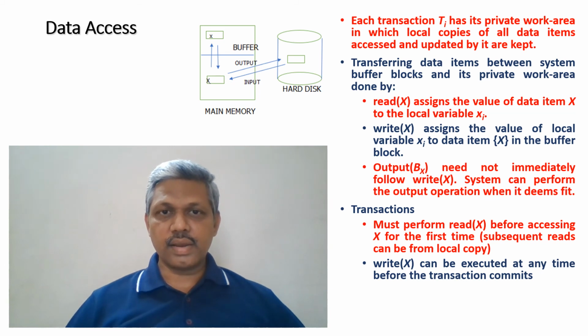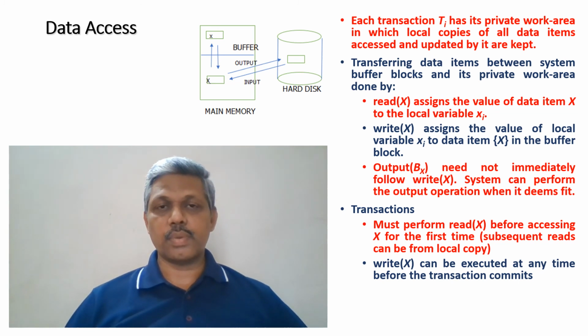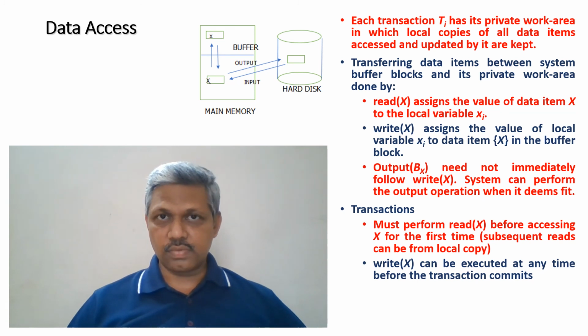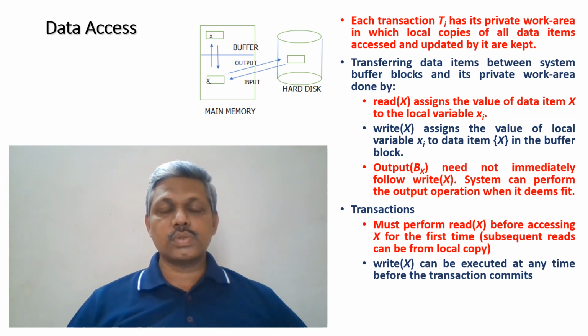So here read(X), for the database object X, indicates assigning of the value of the database object X to the local variable that is stored in the main memory or the private workspace of the transaction Ti. So now we have one more level of transfer.